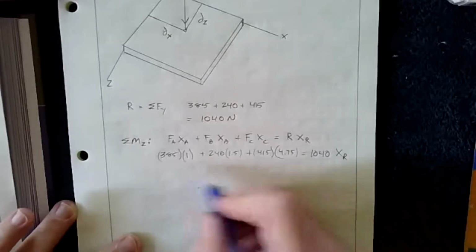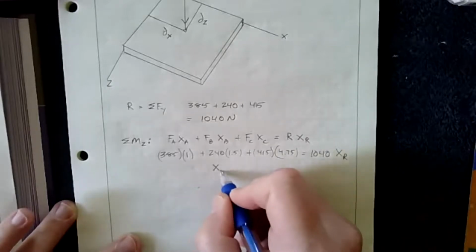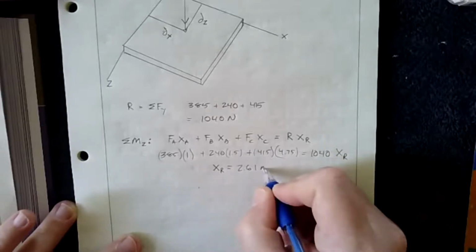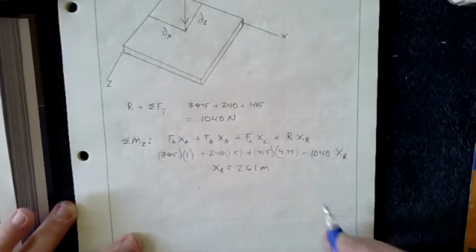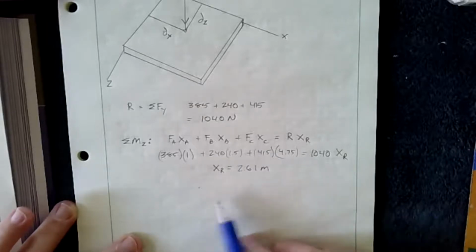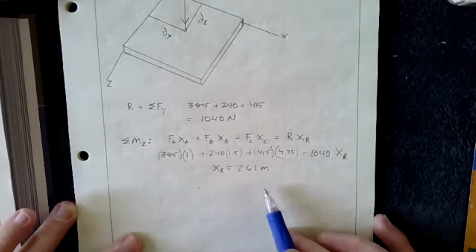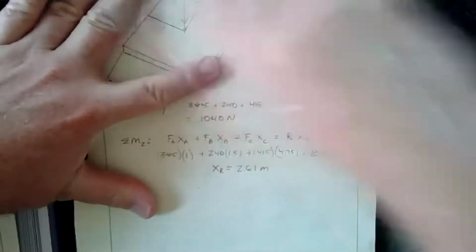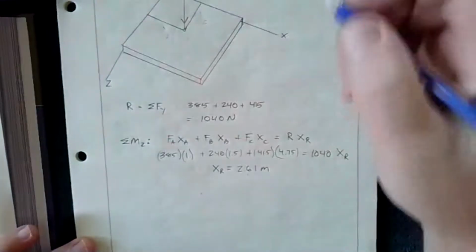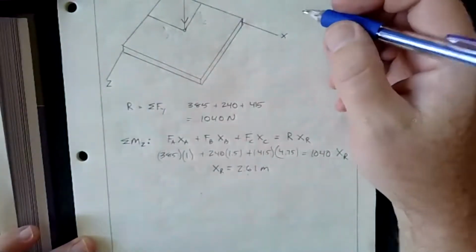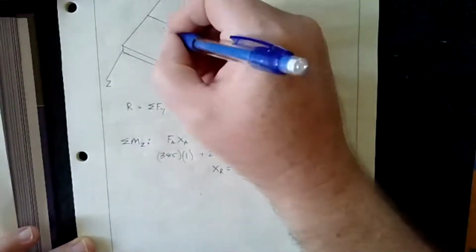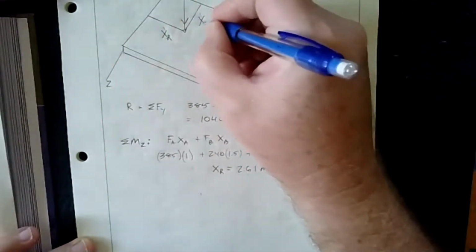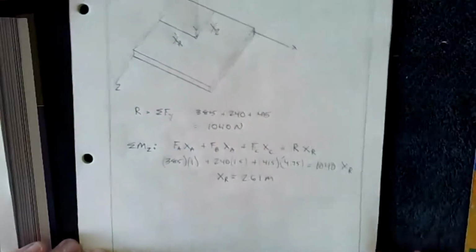Divide both sides by 1040, and we get XR equal to 2.61 meters. That's the X resultant, and I probably should have called it this so I wasn't inconsistent. So this would be our XR up here. Sorry about that.